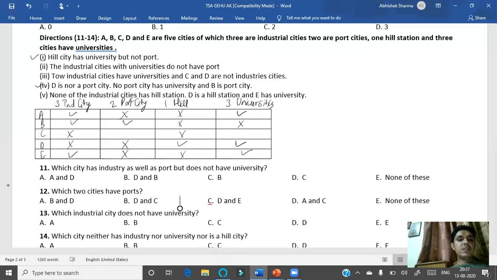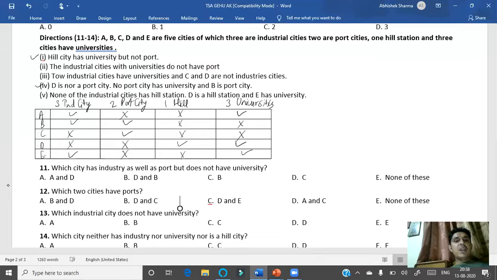That means if we check for port city, there are two port cities and we are left with one tick. So C will be a port city, right? And if we check for university, we are already done with three ticks, so C will not have a university.